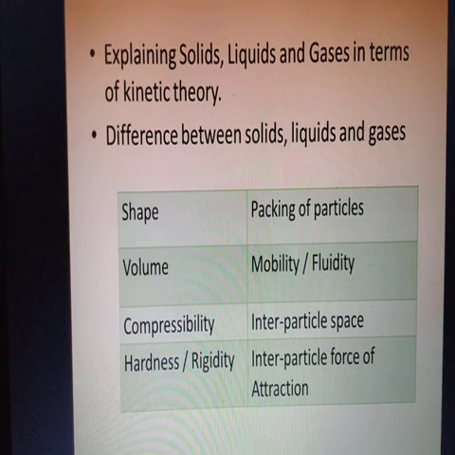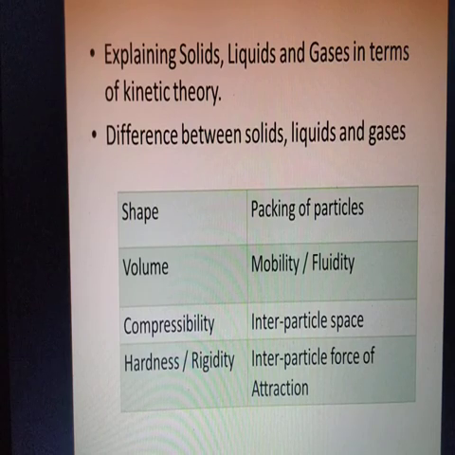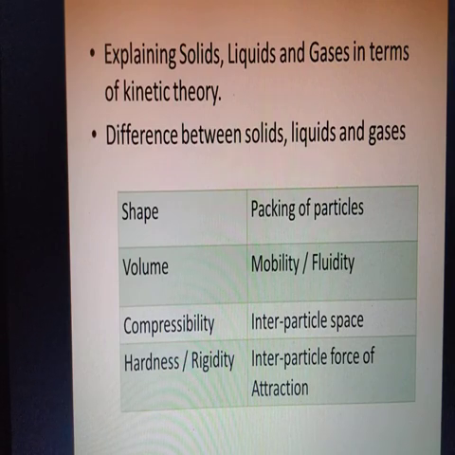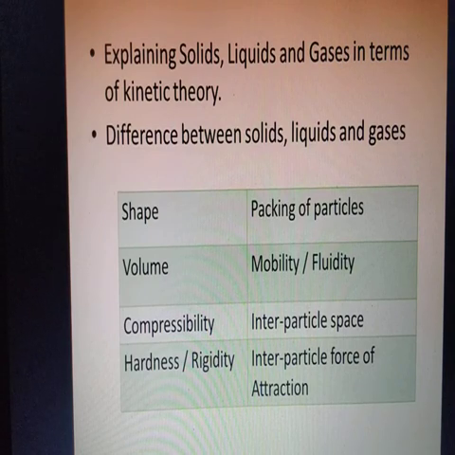To explain why solids have a fixed, proper geometrical shape, we need to focus on two points: interparticle space and interparticle force of attraction. Within solids, the interparticle force of attraction is maximum and the interparticle space is minimum.